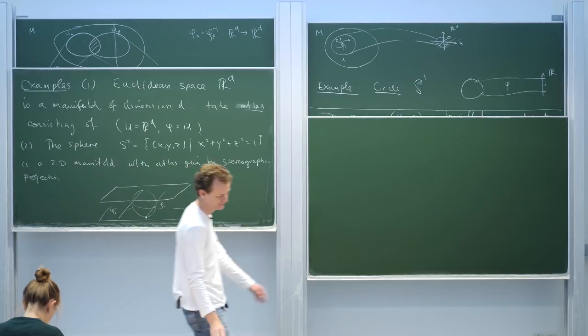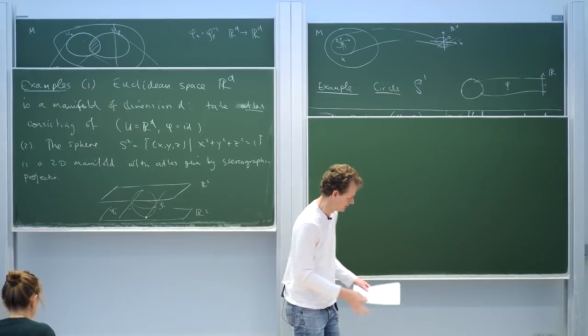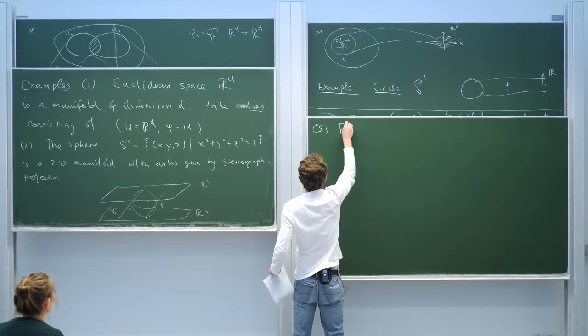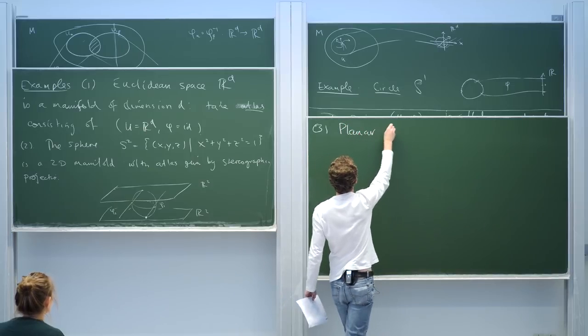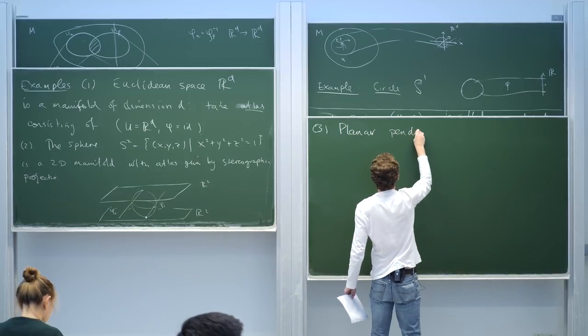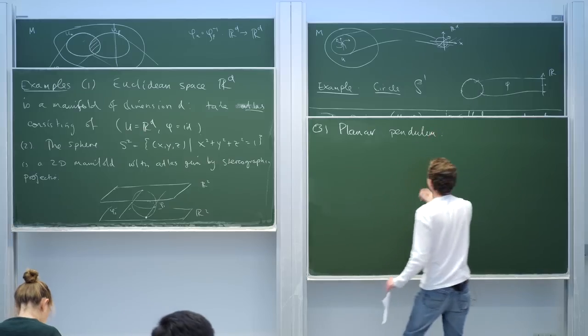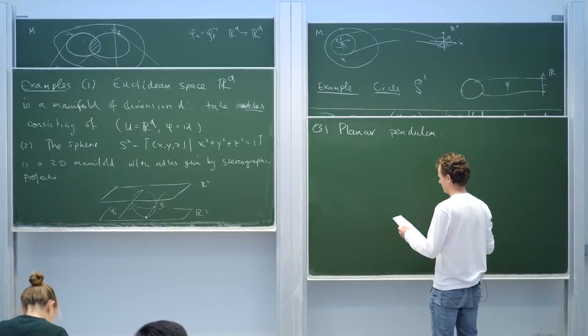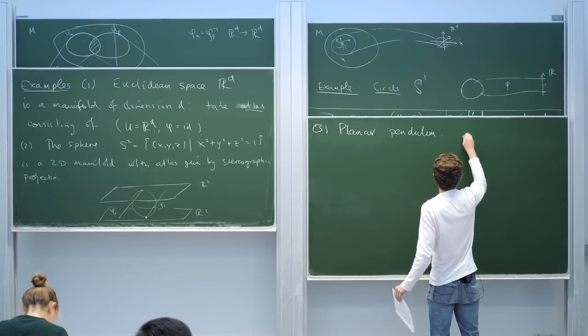I'll go through a couple now. So the planar pendulum. The configuration space of a planar pendulum is a manifold. Well, we've already done it actually.